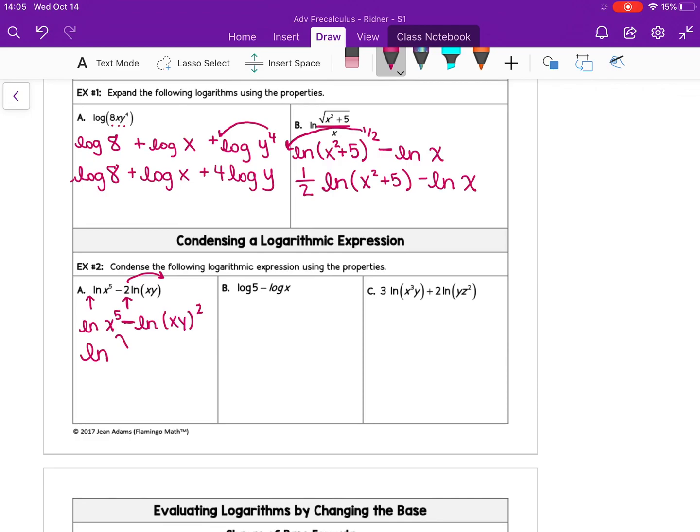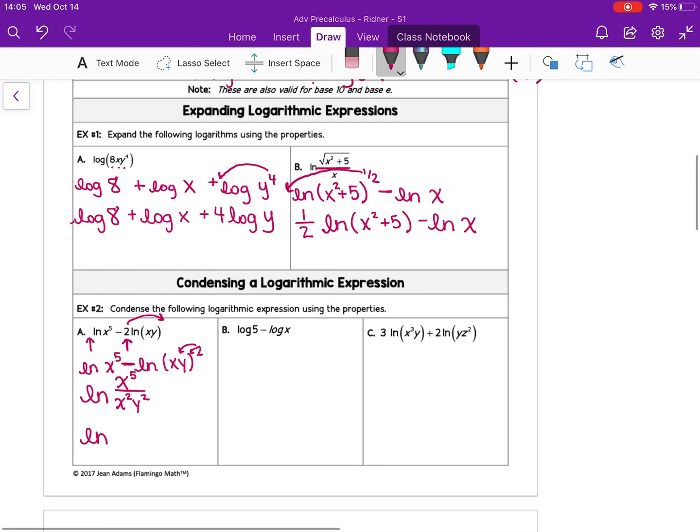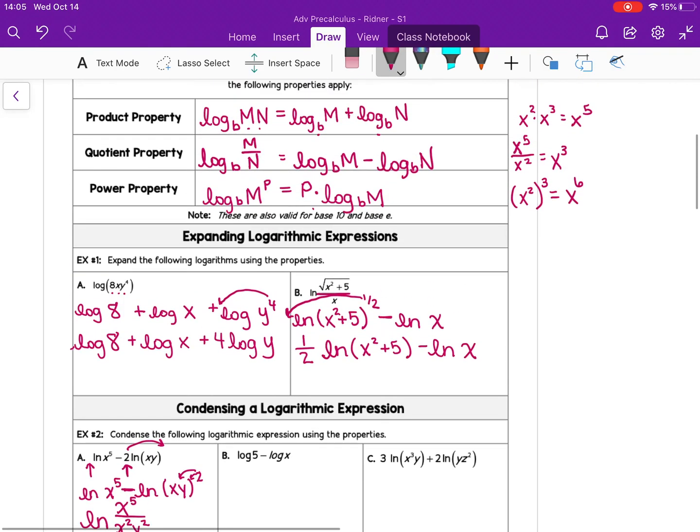Next, remember minus means divide, and when I divide the terms inside of the log, so x to the 5th divided by x squared y squared. All I did was distribute that squared there. Okay. Notice I can clean that up because I have some common terms.